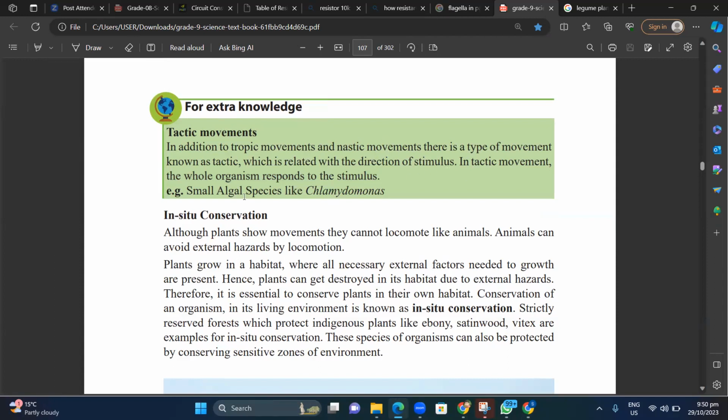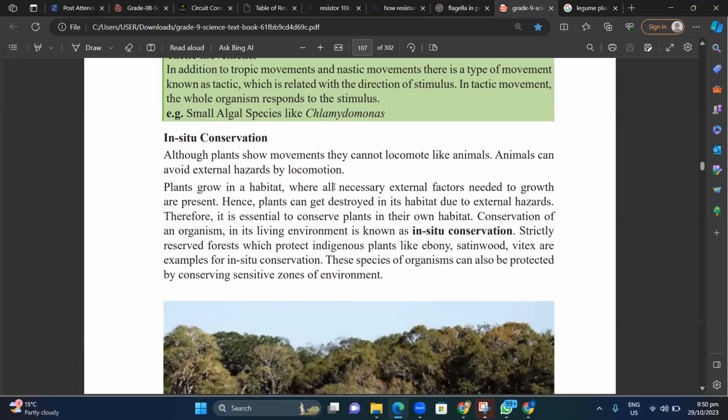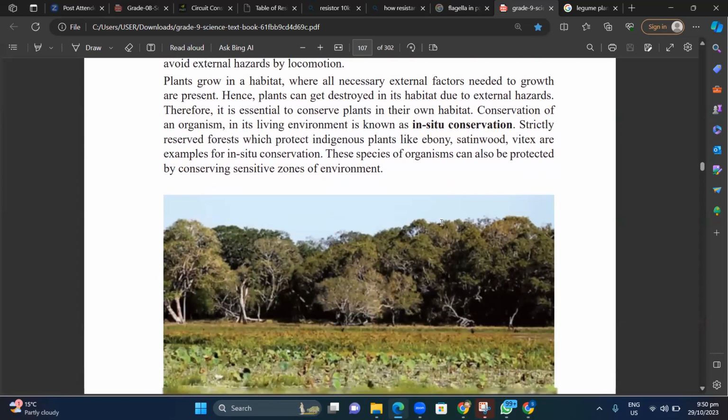In tactic movement, the whole organism responds to the stimulus, like Chlamydomonas, the algae. So the whole body is moved, so we call it tactic movement. That is also a response towards a direction, but it is tactic because the whole organism, the entire body, is responding.